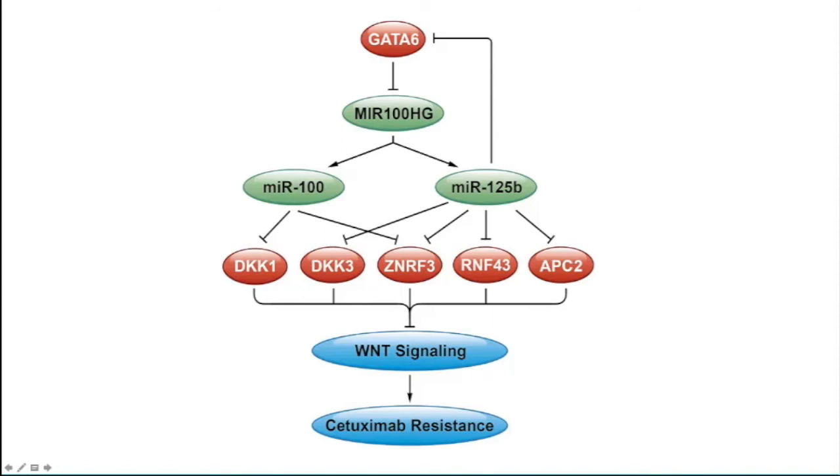These two microRNAs target at least 5 negative regulators of Wnt, and that upregulates Wnt signaling, leading to cetuximab resistance. And then to complete the loop, miR-125 represses GATA6. GATA6 is normally a suppressor or repressor of miR-100HG. So that's what gives the transcriptional upregulation.